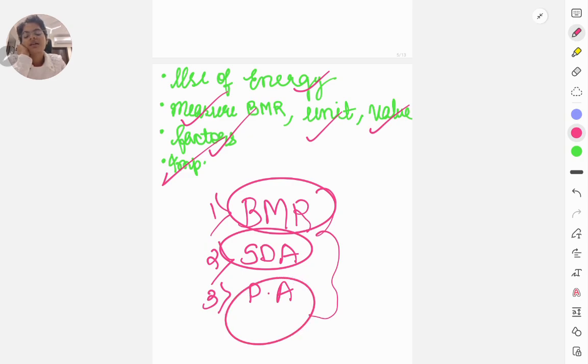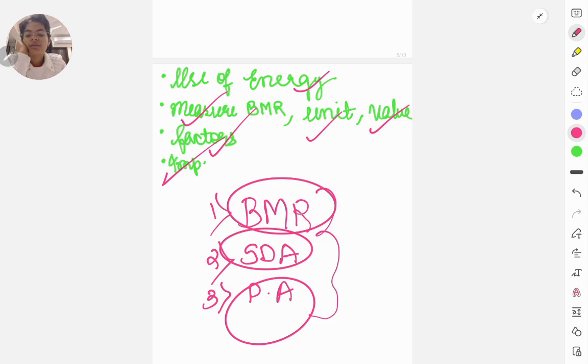Now BMR is the amount of heat produced, the amount of energy required by the body for a complete physical and mental resting state. BMR for female would be 1400, for male it would be 1600.